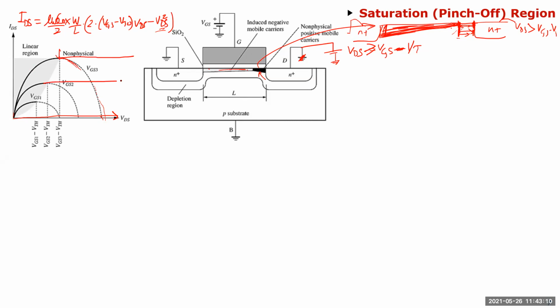Okay, so instead of going to 0, it stays constant. Which means that I cannot use this equation in this region anymore. But I can sort of derive it from this equation.